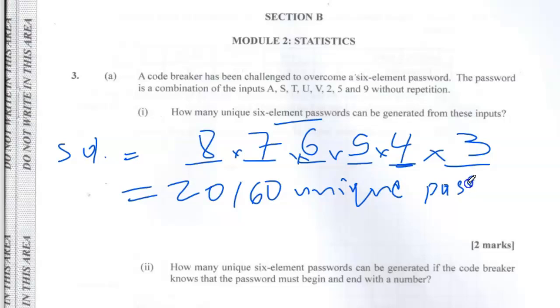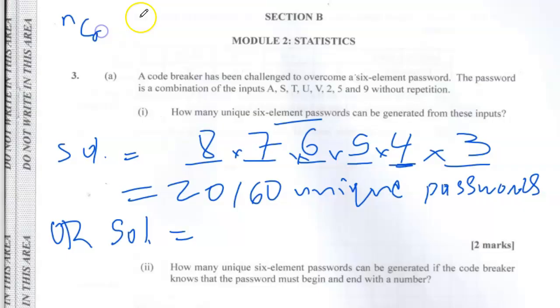Another way we could have found the solution is, if you remember, these are passwords, so the order would matter. We have 2 formulas, NCR and NPR. NCR is when the order does not matter, and NPR is when the order matters.